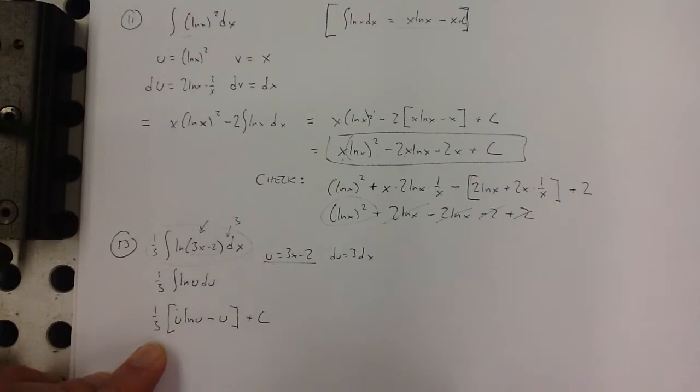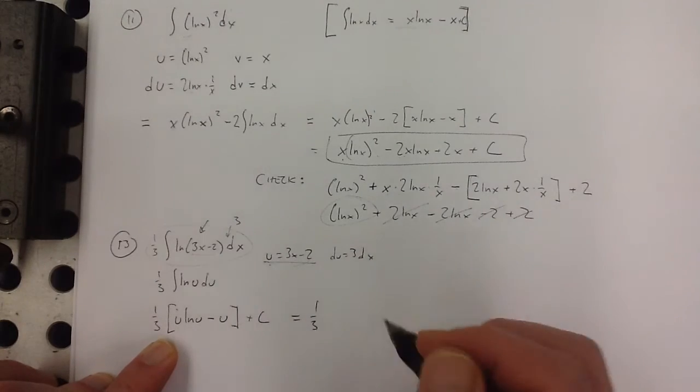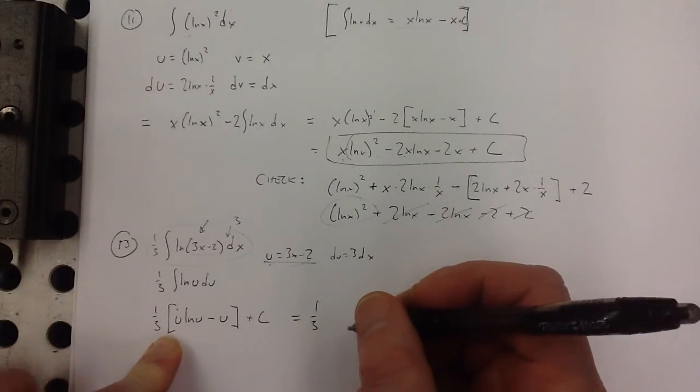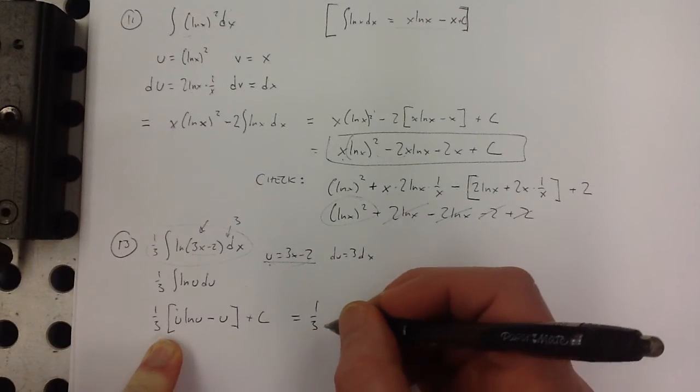And then I just have to go in and put the 3x minus 2 back where the u's are. And believe you me, this is a lot easier than doing it from scratch.